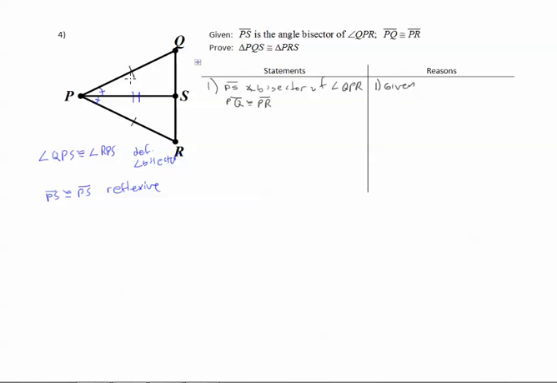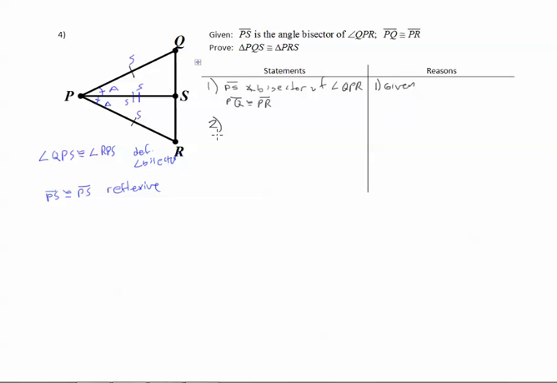So now when I look at my triangle here, let's see if we have enough. I have a side here, angle here, and a side here. I have a side here, angle here, and a side here. So I have side, angle, side is congruent to side, angle, side, and that is one of my congruency shortcuts. So I've got everything I need now to justify that triangle PQS is congruent to triangle PRS.